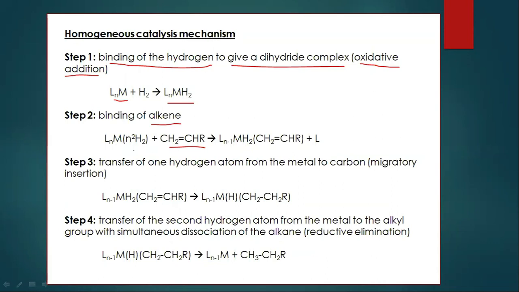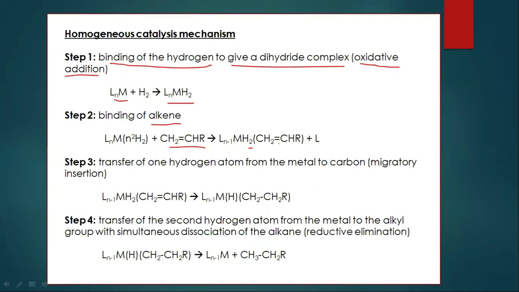As soon as these two react, you will get Ln-1MH2(CH2=CHR). Carefully look into this. It means one of the ligands present in the dihydride complex has been substituted by the incoming alkene system.